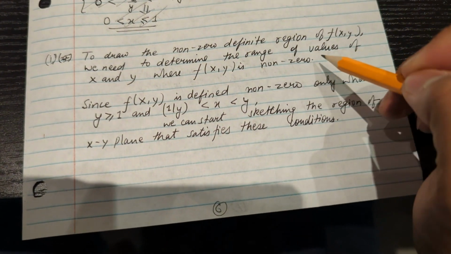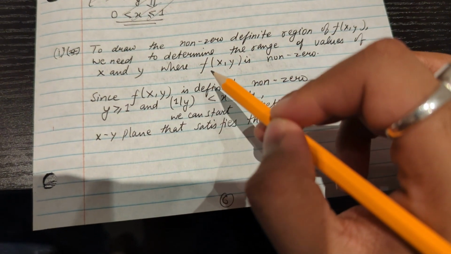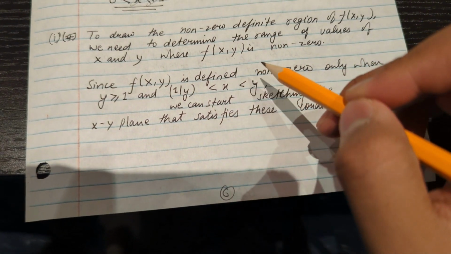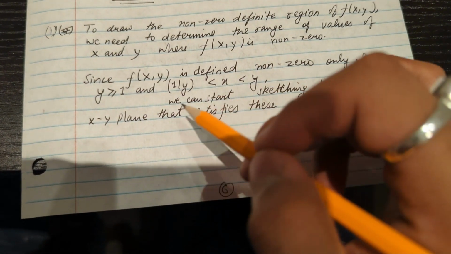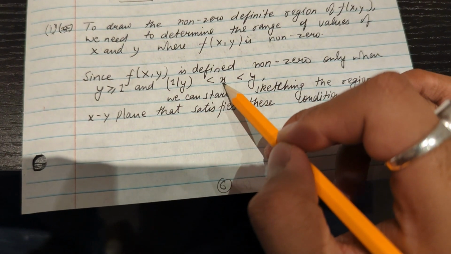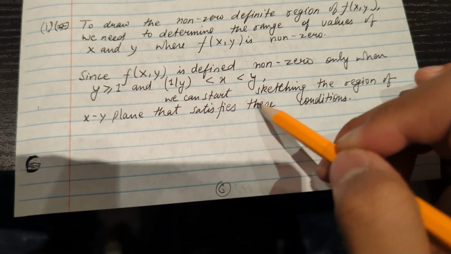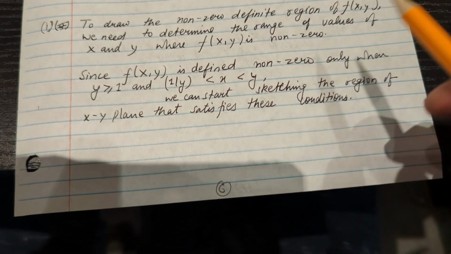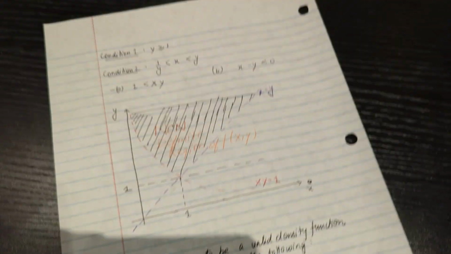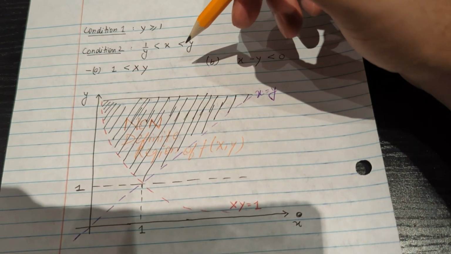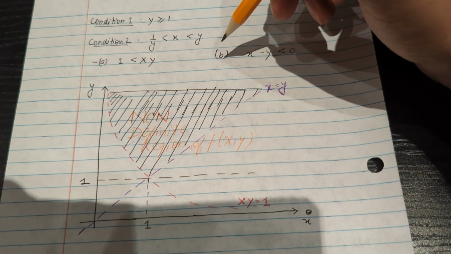So now for the first part, to draw the non-zero definite region of fx comma y, we need to determine the range of values of x and y where fx comma y is non-zero. Since fx comma y is non-zero only when y is greater than 1 and 1 by y is less than x is less than y, we sketch the region that satisfies this condition. Condition 1: y is greater than 1. Condition 2: 1 by y is less than x is less than y.